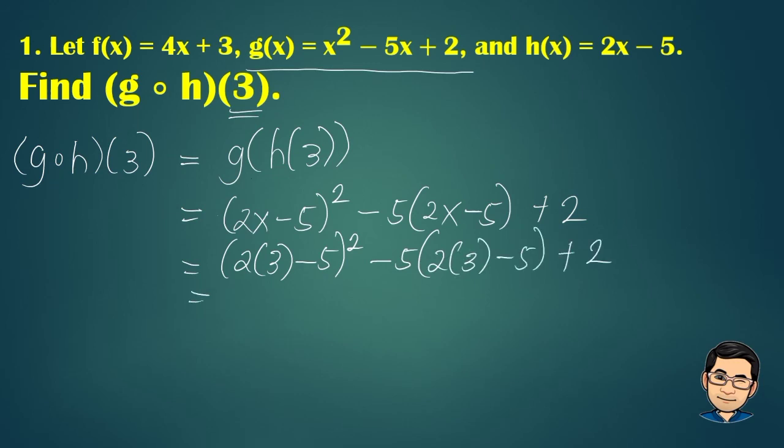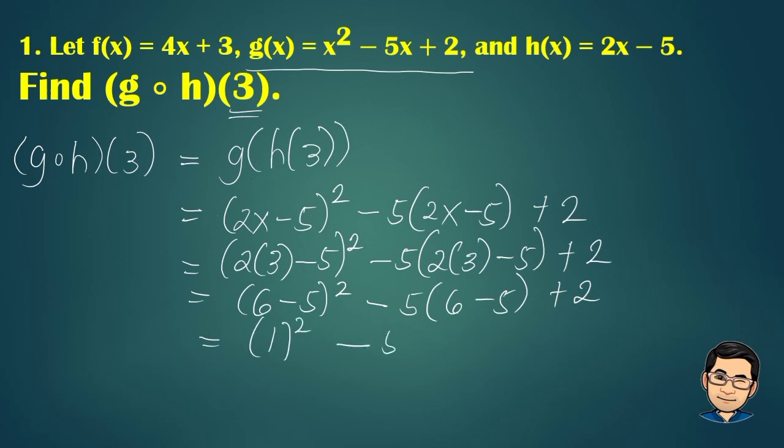So, 2 times 3, that is 6 minus 5 squared minus 5 times the quantity 6 minus 5 ulit plus 2. Okay. So, 6 minus 5, that is 1. 5 times 6 minus 5 ulit, 1 plus 2.